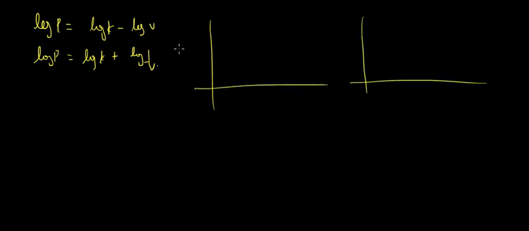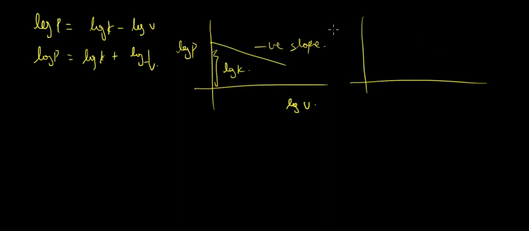Suppose we have to draw the graph between log P and log V. It would have a negative slope, and initially log P would have the value log K. Now if we draw the graph between log P and log 1 upon V, it would be a positive slope graph, and the initial intercept would be log K.